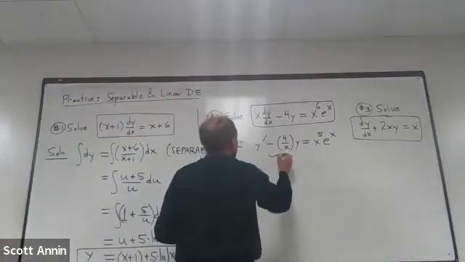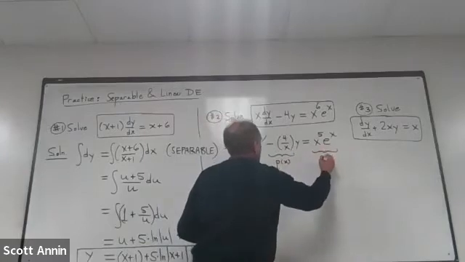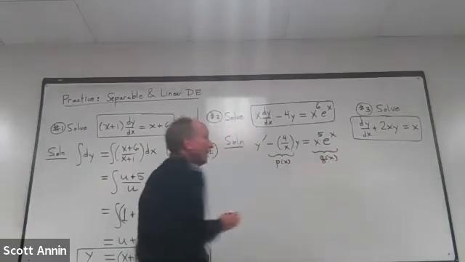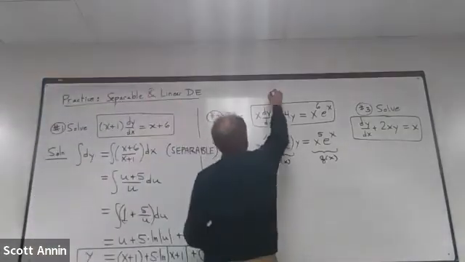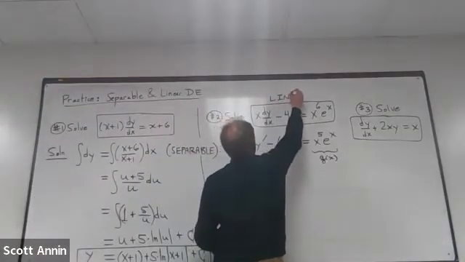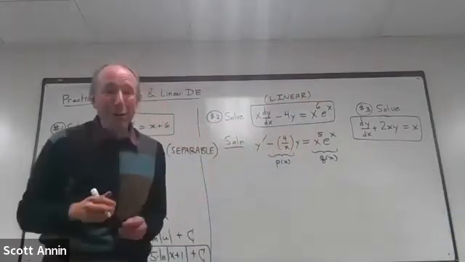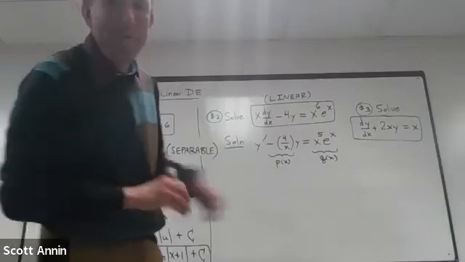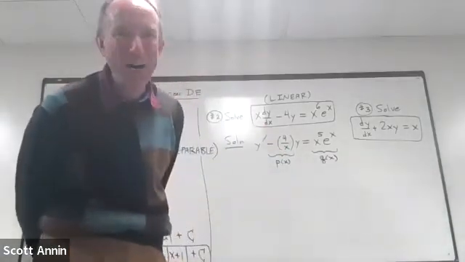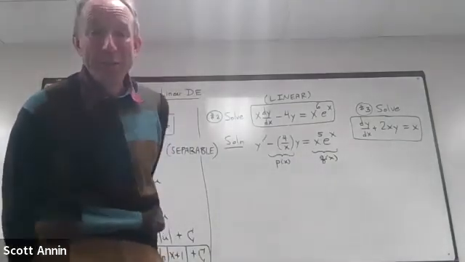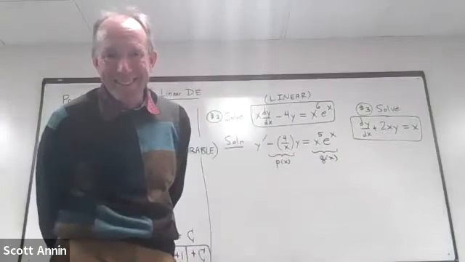This part here in front of the y is usually denoted with p of x, and the right-hand side is just q of x. And so this one is absolutely linear. And it's even now been presented in the correct form. Our first step is to just divide through by whatever is in front of that y prime. So in this case, I divided through by x before I did anything else.